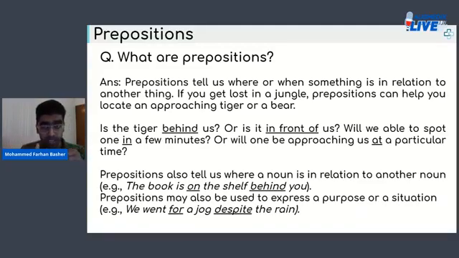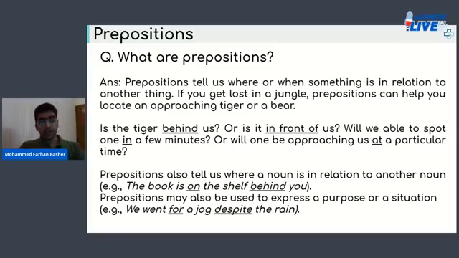So you tell the person that the book is actually on the shelf right behind you. You see, when you talk like that, you completely understand where the book is, right? And how have you come to do so? With the help of prepositions. Prepositions have made the job easy for you, right?